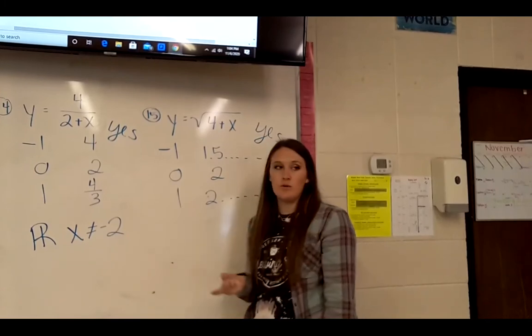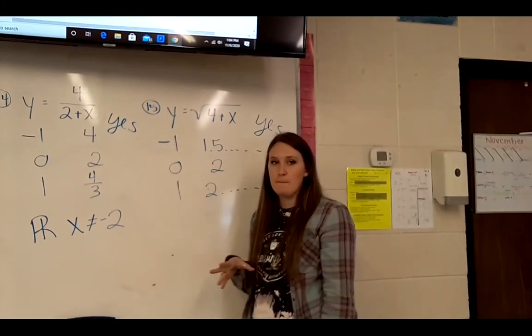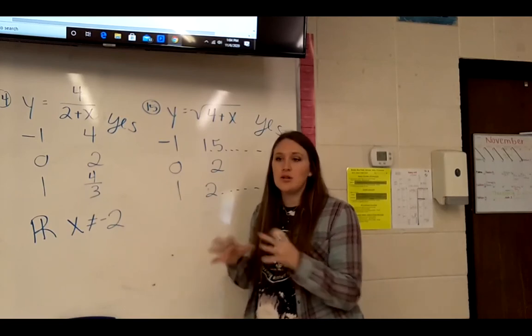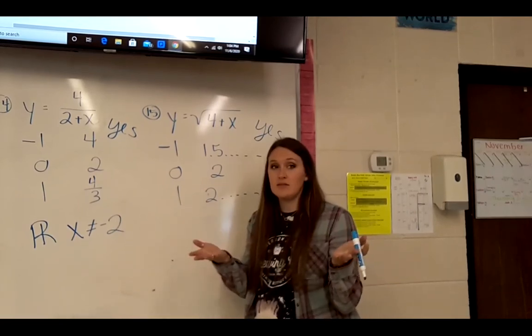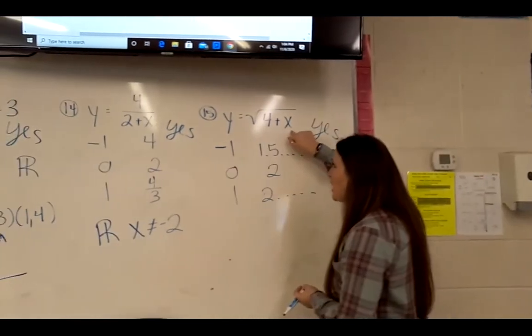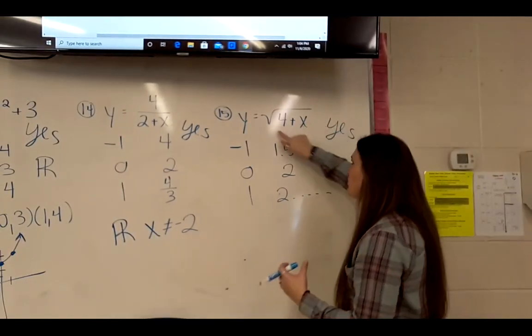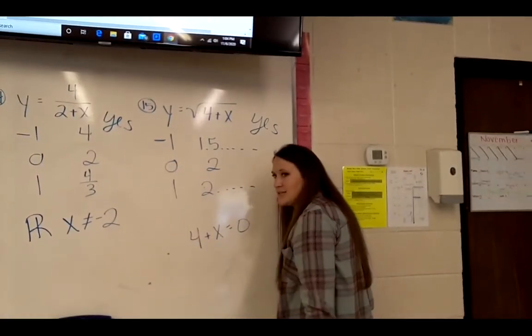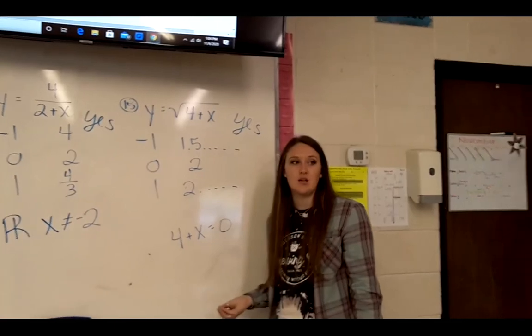But what do we know about square root for domain? What can you not have? I'm not talking about a specific number. You can't have negatives, okay? You can't take the square root of a negative. So basically anything lower than 0. So what you're mentally doing is setting it equal to 0 to see what the minimum thing that it could be is.